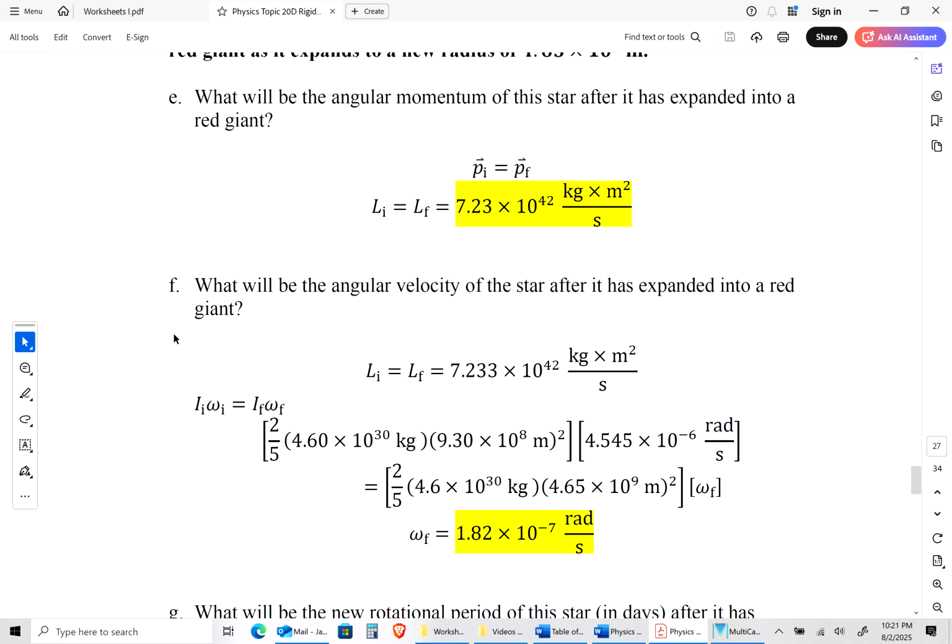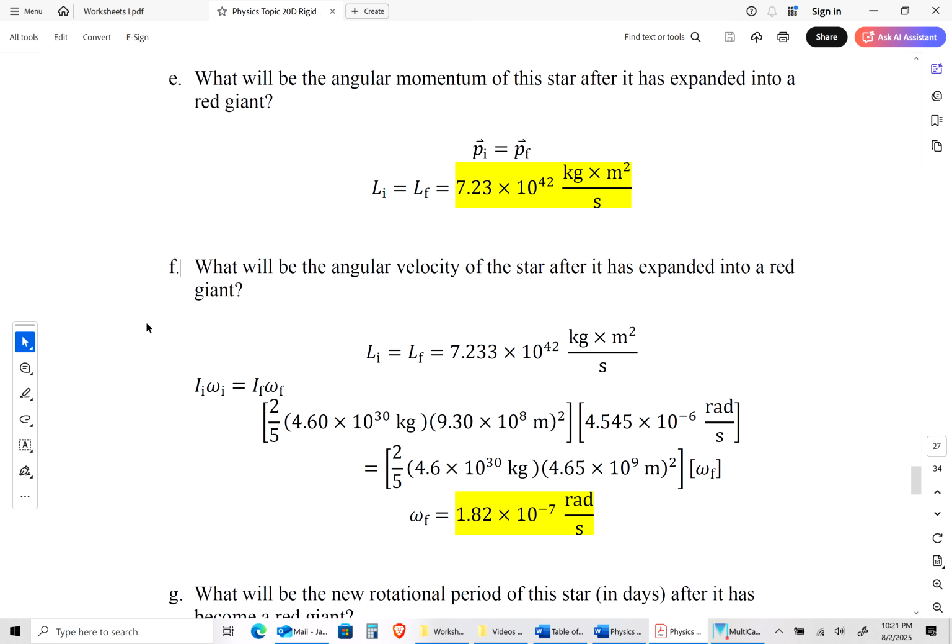Part F, what would be the angular velocity of the star after it has expanded into a red giant? So let's use this equation. L initial equals L final, I initial omega initial equals I final omega final, and let's just solve for omega final.